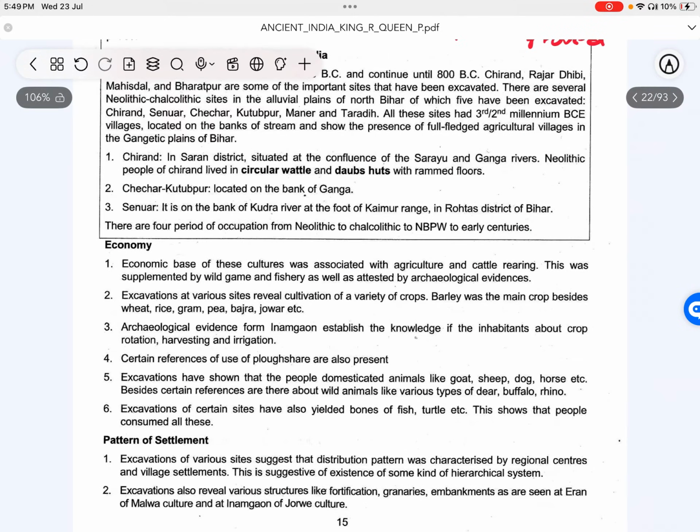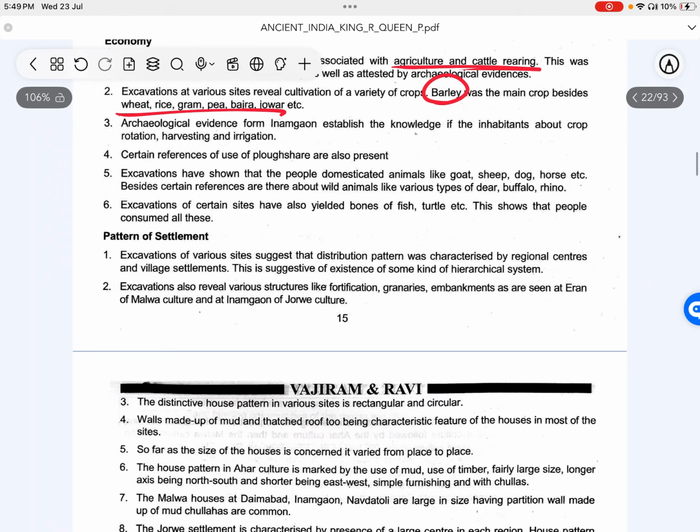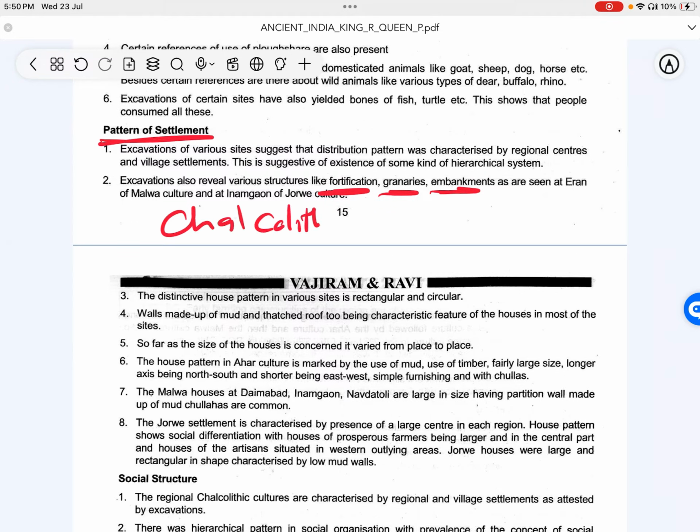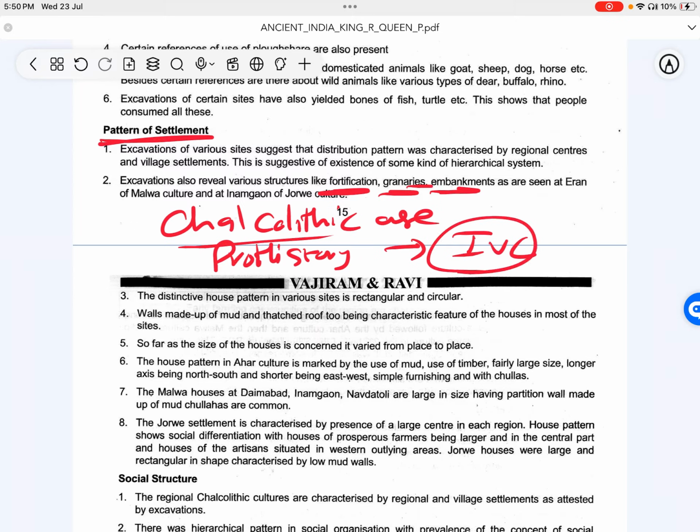So economy, agriculture and cattle rearing, and the kind of staple food they were having. These are some basic information. Pattern of settlements, fortification, granaries, embankment. Why do we need all this? Because in the Chalcolithic age, the proto-history is there, which is the Indus Valley Civilization, and you can see the same patterns of life over there.